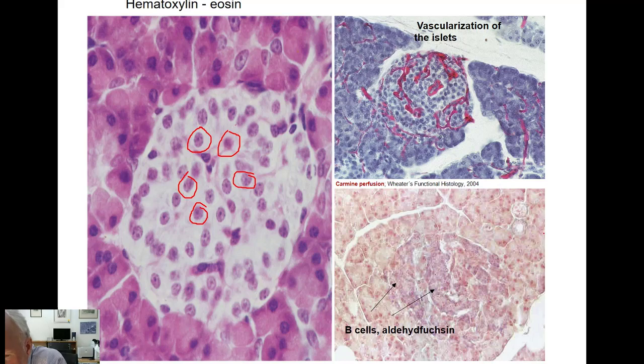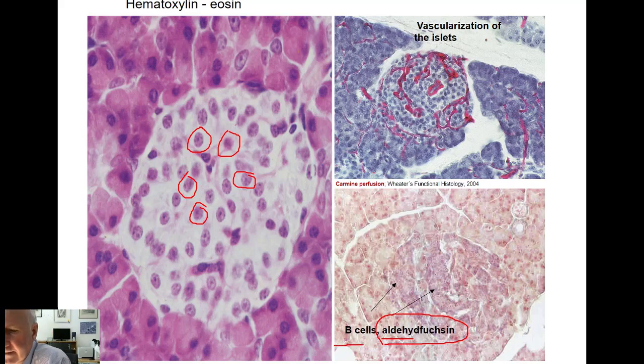Aldehyde fuchsin can slightly help. Aldehyde fuchsin is a dye with affinity to B cells. That means we can see in an islet by this staining a slightly bluish color of B cells. So it can be a little more precise staining method to distinguish B cells in the islet of Langerhans.